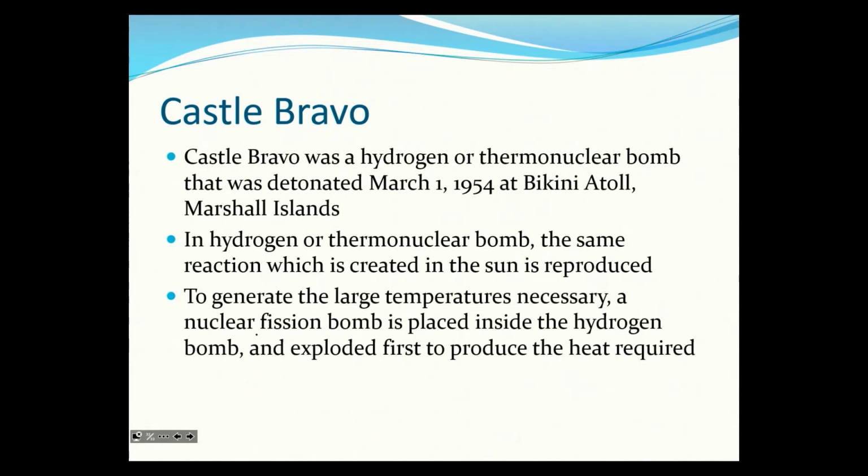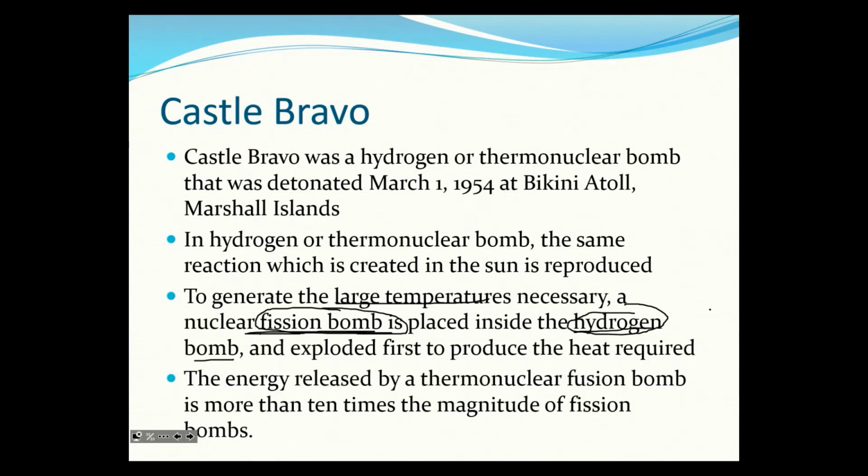So what they do is they place a fission bomb, a uranium bomb, inside of the hydrogen fusion bomb, and they explode this one first, and that creates the large temperatures needed for your hydrogen bomb to explode. So it's a bomb within a bomb. It's like a turducken of bombs. The energy released in a thermonuclear fusion bomb can be more than 10 times greater than a fission bomb. So way, way, way more energy in a fusion bomb.